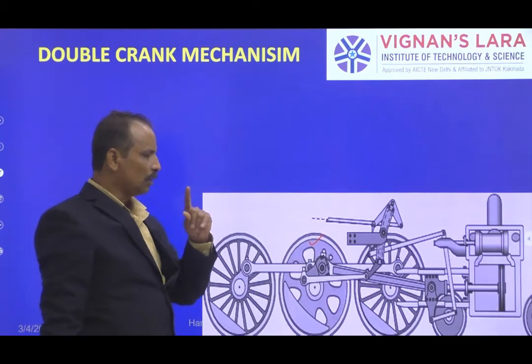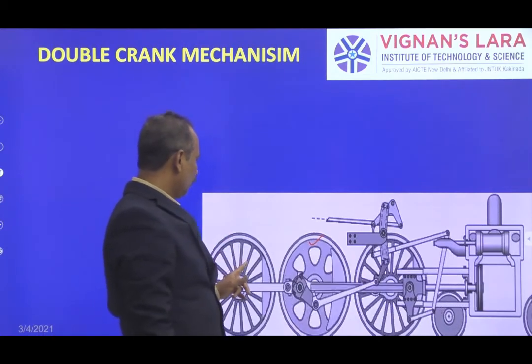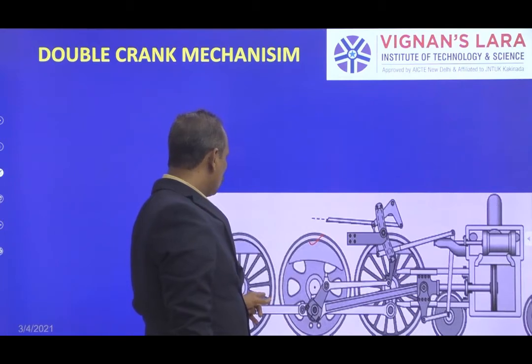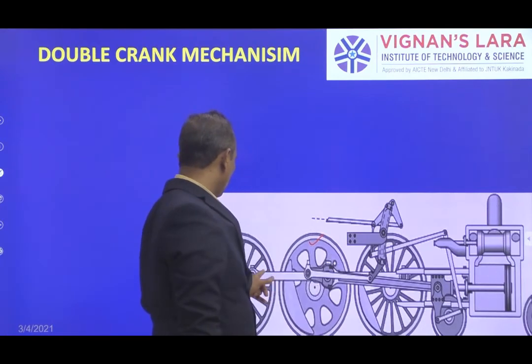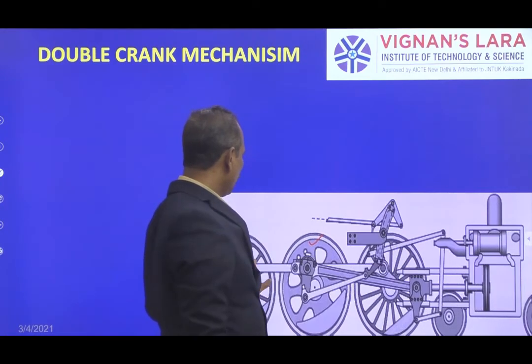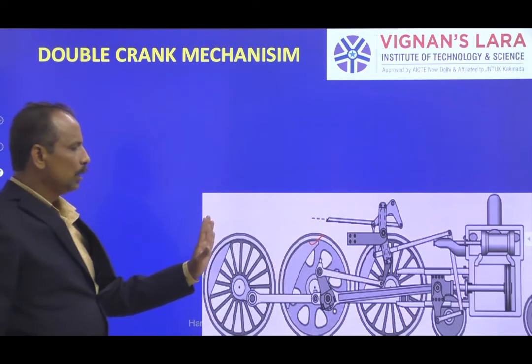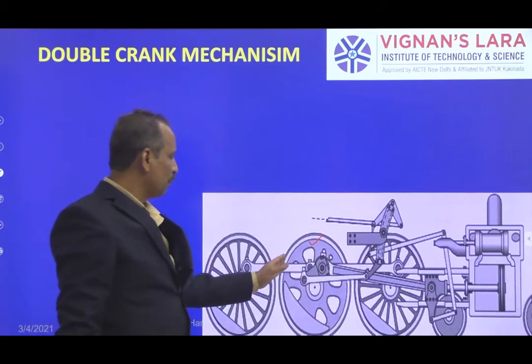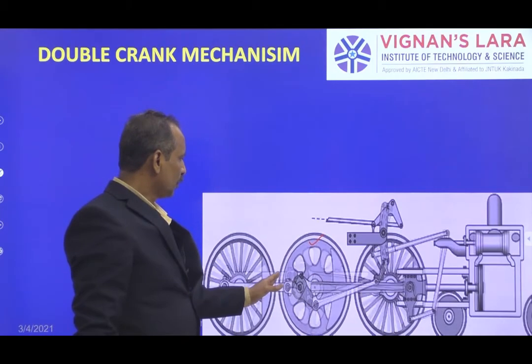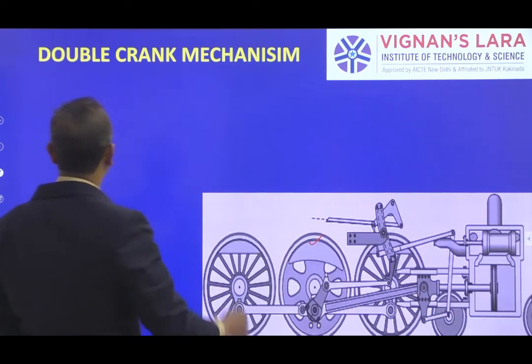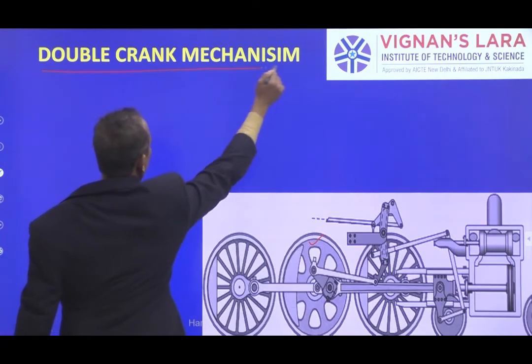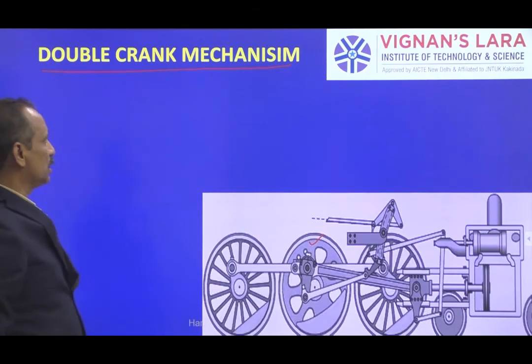In the mechanism we have shown only one coupling rod, whereas here you can see two coupling rods, one here and one here. So the wheels all will be rotated with the help of the input link rotation. So this is a double crank mechanism.